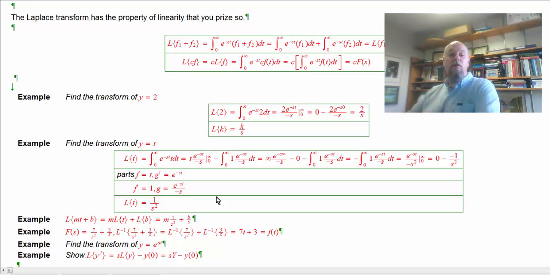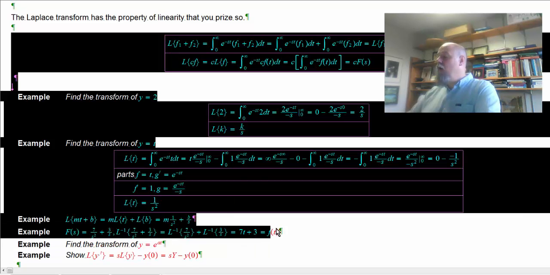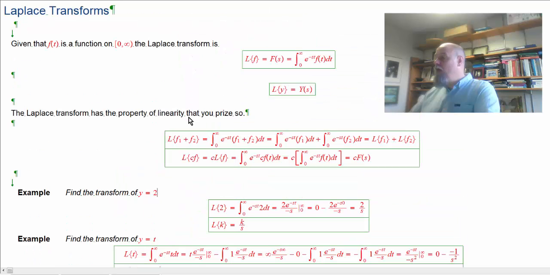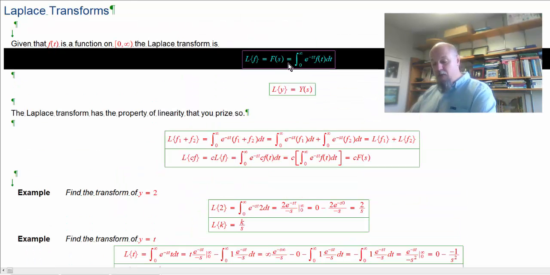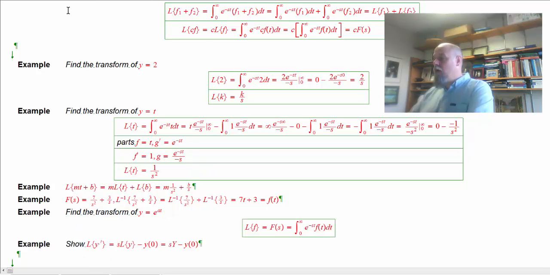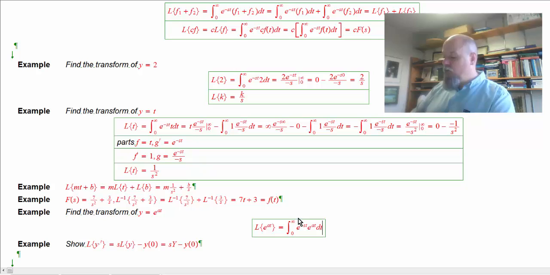All right, so now what can we do? We can transform, with all our rules here, up to this point, we can transform any line. Let's see what the transform of an exponential function is, e to the at. If I'm transforming e to the at, again, I'm going up to this definition. It's a straight copy-paste, and I'm transforming e to the at. So I'm taking the transform of e to the at. Well, in this case, they're both e to the.